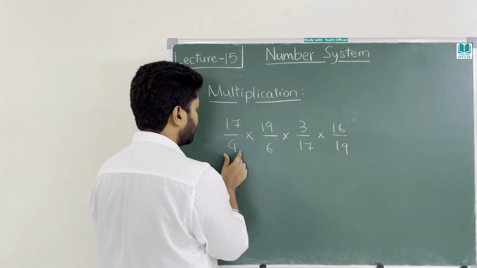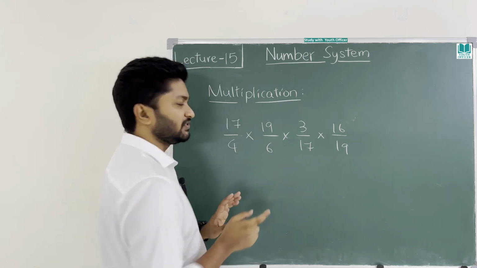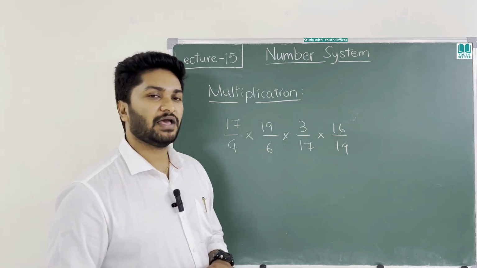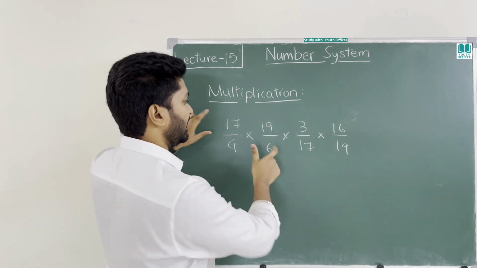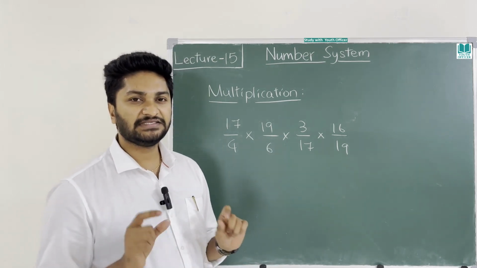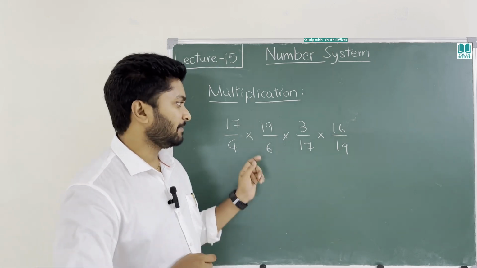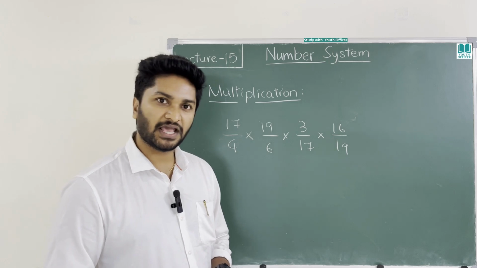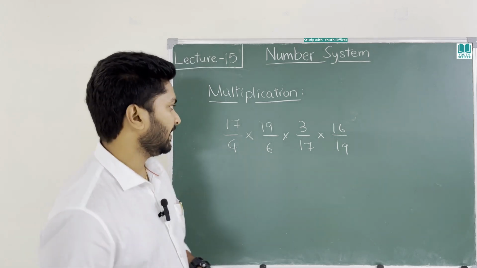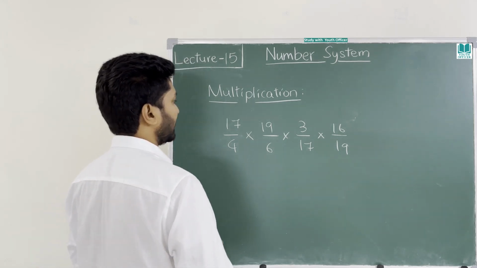Sir, here there is a 2 table, here 2 table, I want to cancel this. No, this is not going to happen like that. You have to cancel one numerator and one denominator. Cancellation is very important, and sometimes if you don't cancel, that is also one strategy. Sometimes you should not cancel also. Okay, I'll show you how to cancel this.